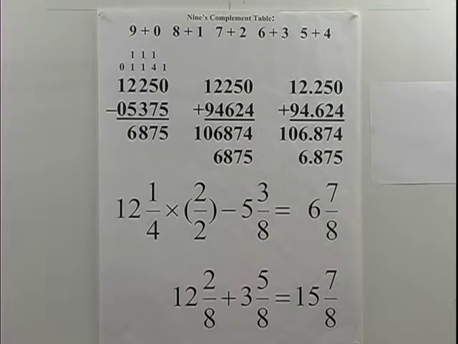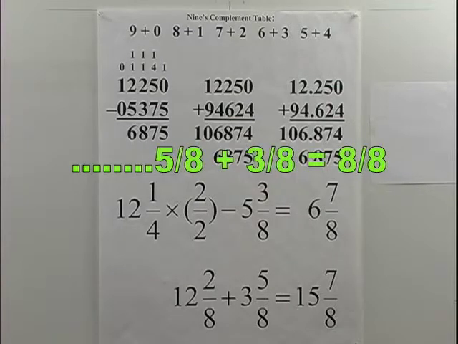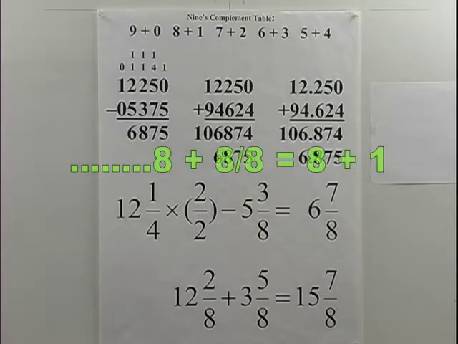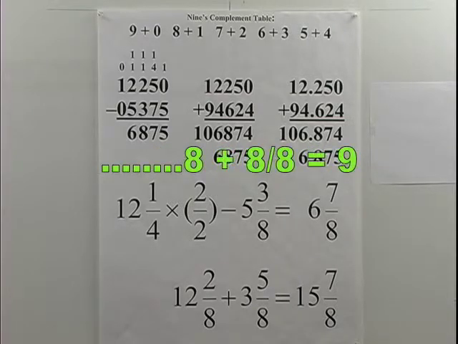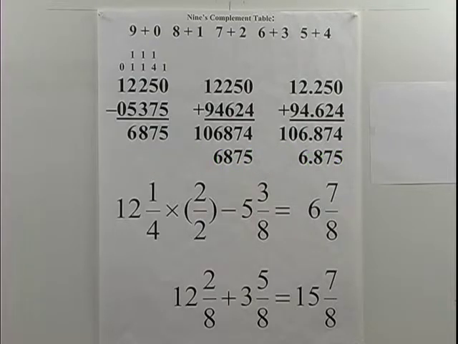So I need a 5/8. 5 added to that 3 gives me 8/8. And so my number down here will be 8 and 8/8, which is another way of writing 9. So this is the 9's complement of this subtrahend. So I'm going to proceed to add it to the minuend.